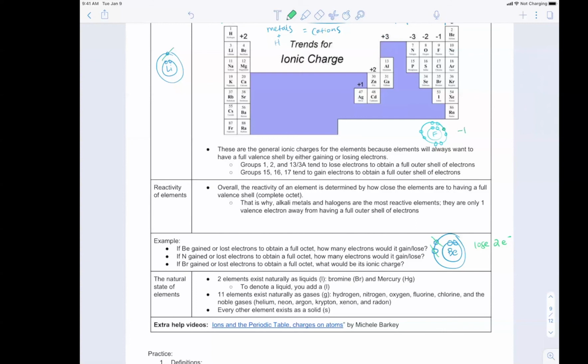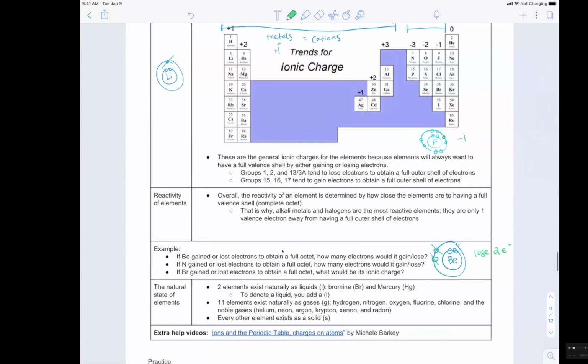So let's take this last poll. I already did the first question for you. So you do the ones for nitrogen and for bromine.